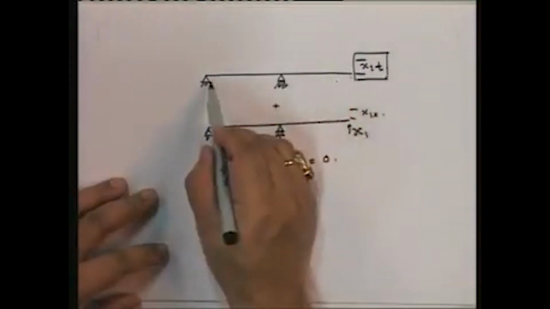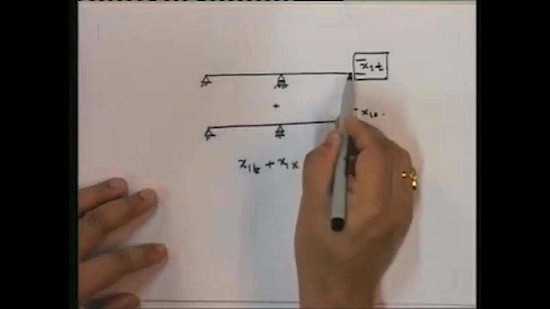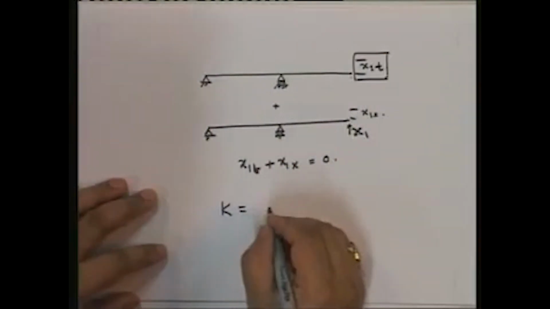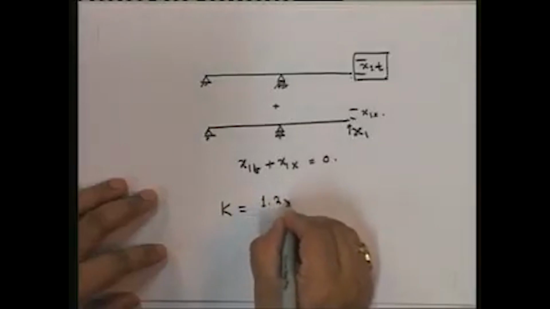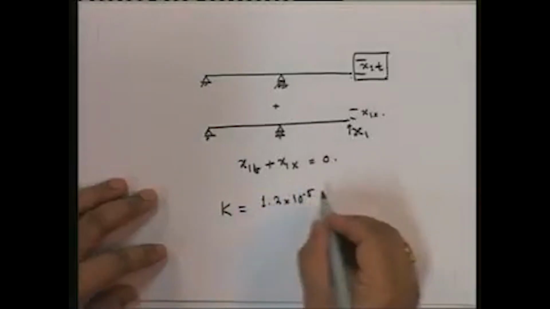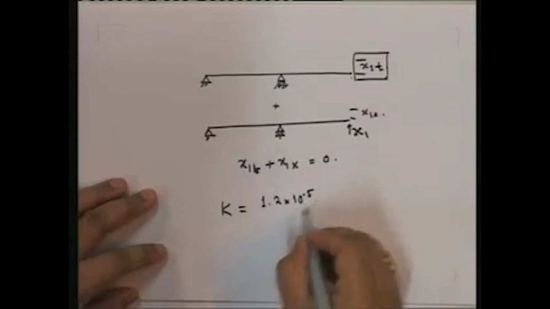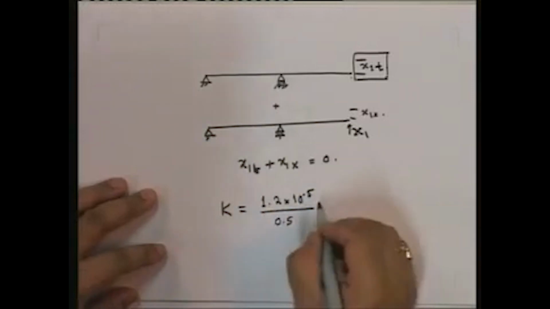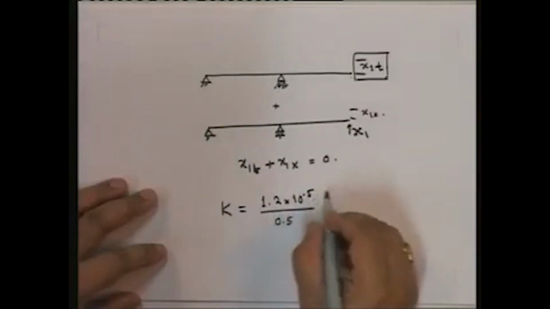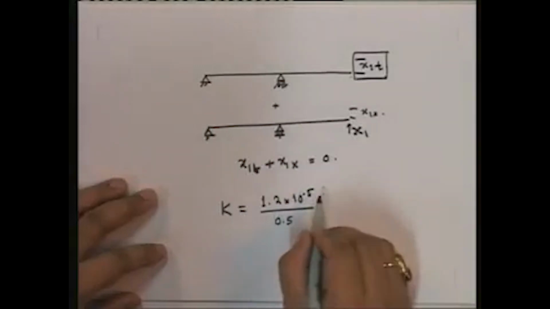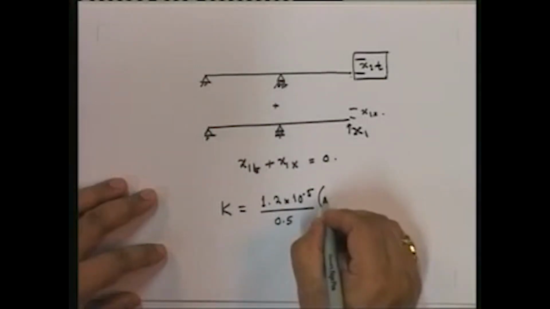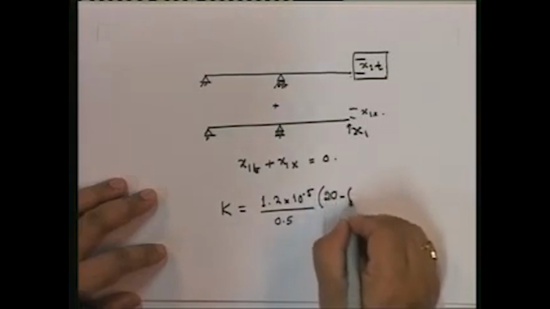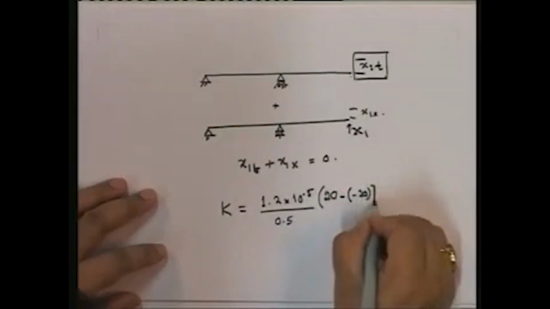The curvature, if you look at this, is uniform from here to here. And what is that curvature value equal to in this particular case? It's equal to alpha, which is 1.2 into 10 to the power of minus 5, divided by 0.5 meters. Okay. So, that is alpha into delta t, where delta t is delta t at the bottom, plus 20 degrees, minus delta t at the top, minus 20 degrees.